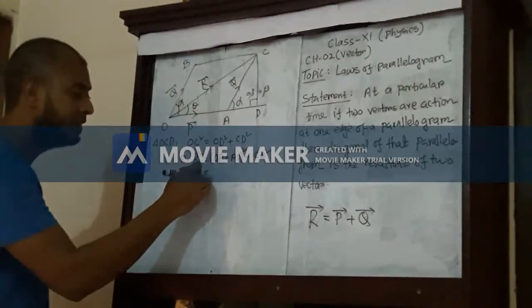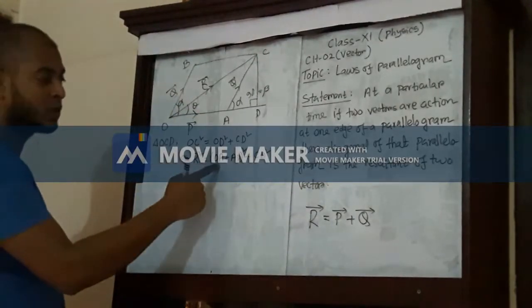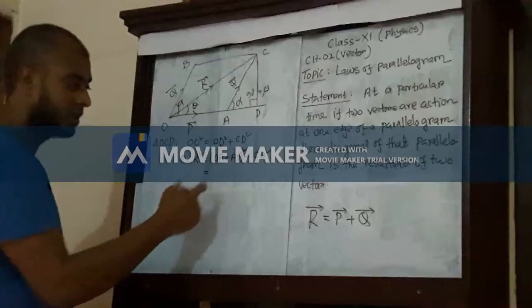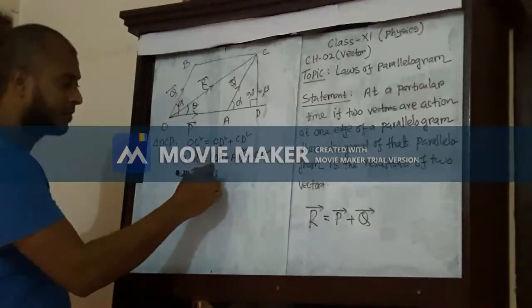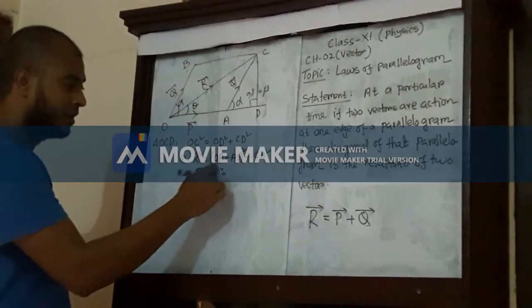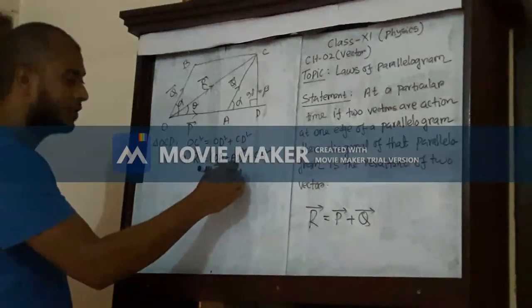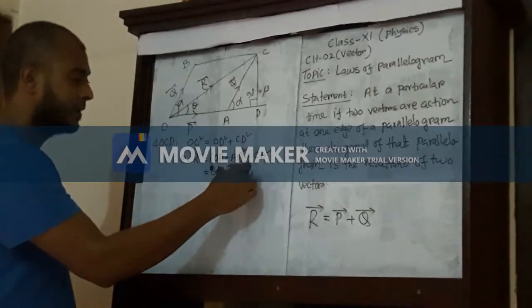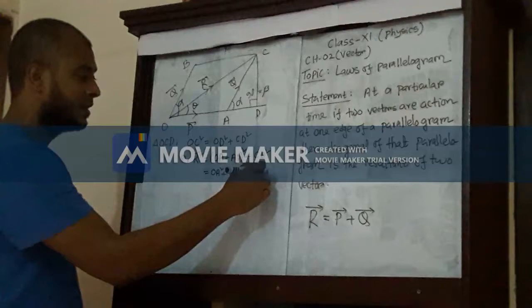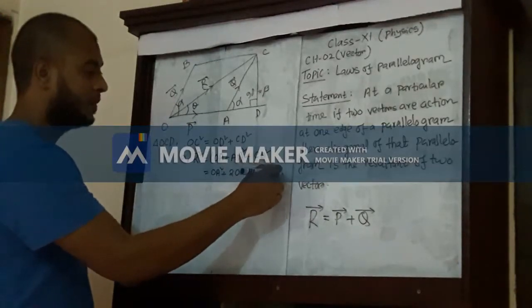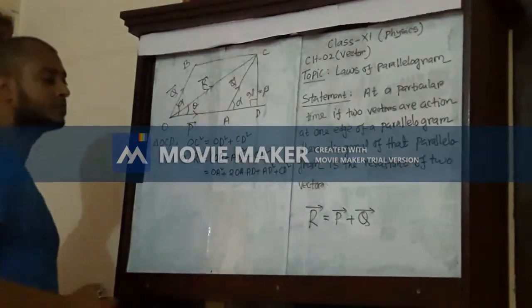Now, (A plus B) square equals A square plus 2AB plus B square. So this becomes OA square plus 2 OA AD plus AD square, plus CD square.